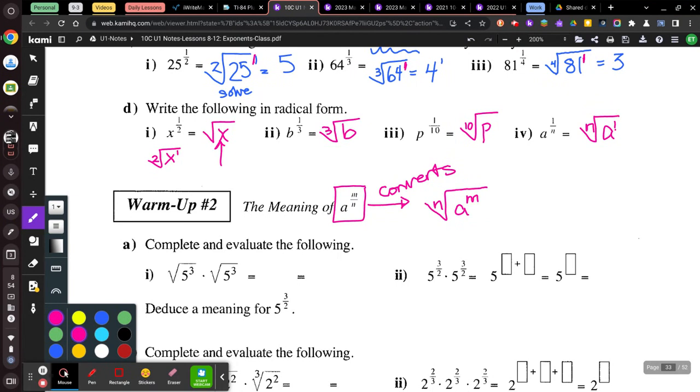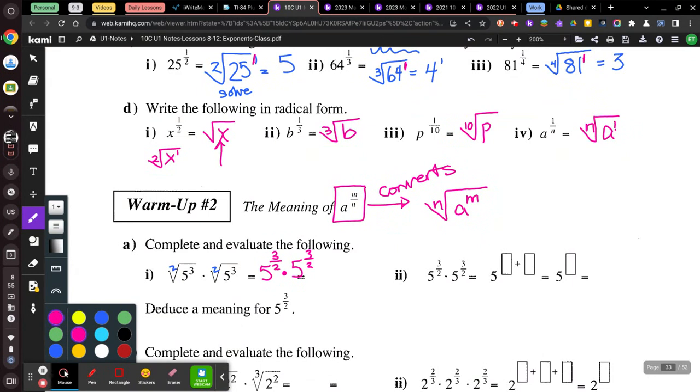So we're going to take a look at the next one. How would I create fractions for those? Well, this guy's going to become 5 to the 3 over what? 2. The index that's hiding right here is a 2. So it's 5 exponent 3 over 2 times 5 exponent 3 over 2.